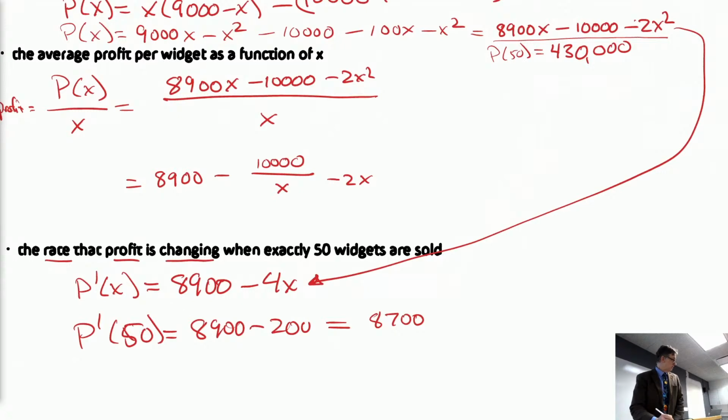So that's $8,700 per widget is the rate at which profit is changing. In other words, every time you make another widget, you get $8,700 more profit. So you might as well start pumping out the widgets at this point because you have a pretty steep curve there. The marginal profit is what that's also referred to. How much more profit do you get for each widget that you make?